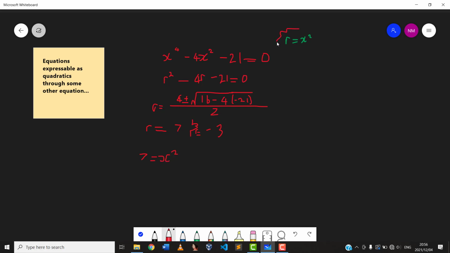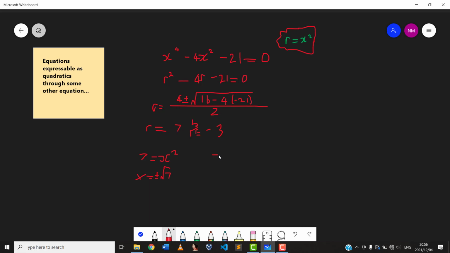From this, we're getting this from this equation, by the way. So x is now equal to plus minus square root of 7. So that's two answers. And now we also need to consider this part over here.